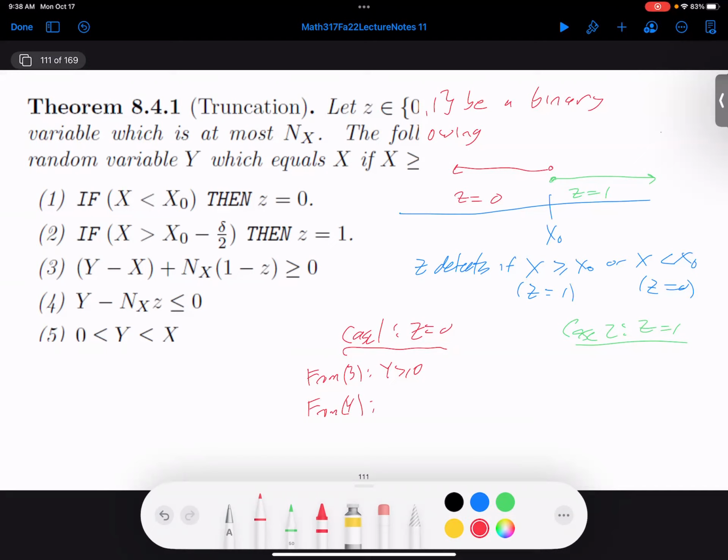So what does that tell us about y? So y is now less than or equal to 0. And now what do we get from 5?